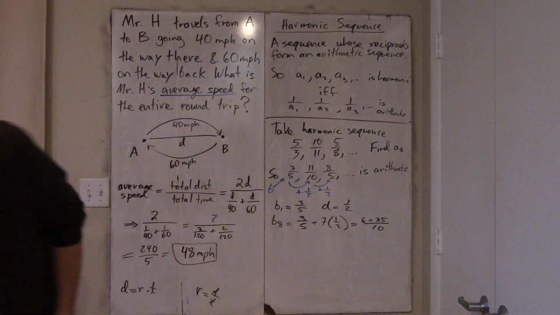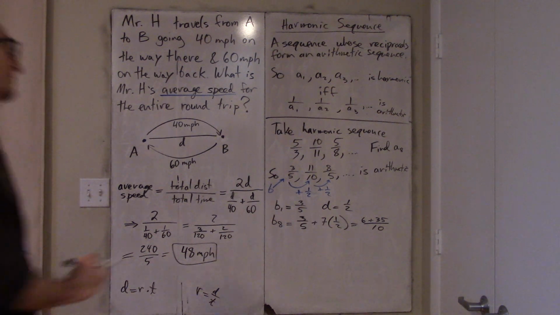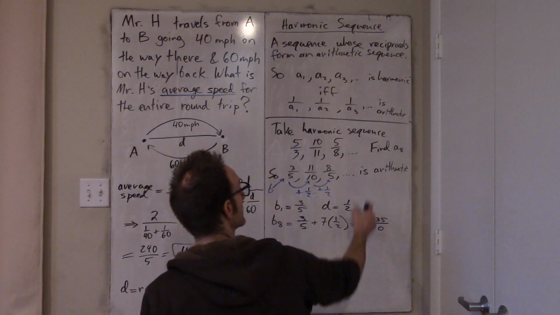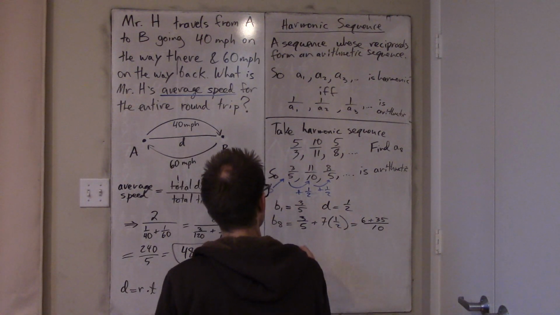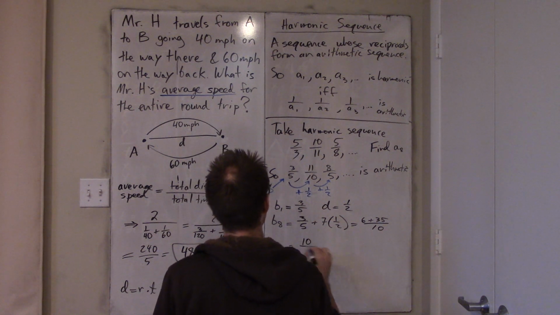I seem to vaguely recall some kind of different answer, but anyway, that just must be it, unless I'm making a horrible mistake. Yeah, 7/2, 5 times 5, 35/10, and 6/10. So that's 41/10. Okay, so if the 8th term of this arithmetic sequence is 41/10, then it must be that the 8th term of the harmonic sequence is 10 over 41.